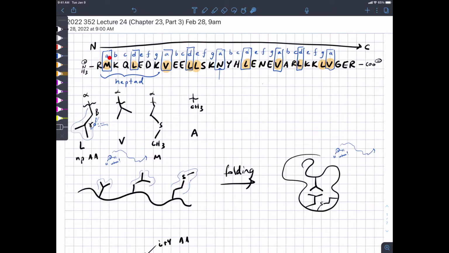And so we've given each position in this repeating pattern a letter, A, B, C, D, E, F, G, and the A and the D positions are generally nonpolar.